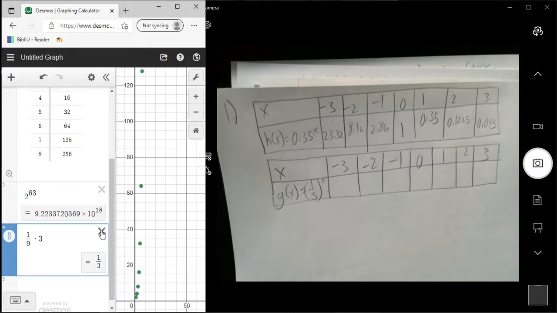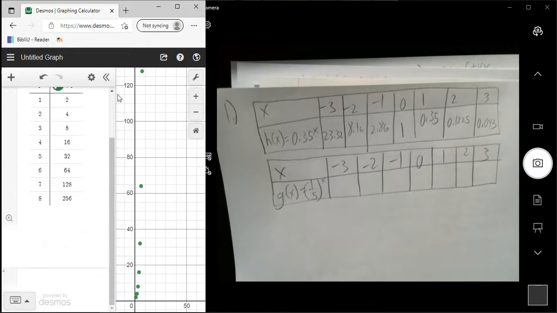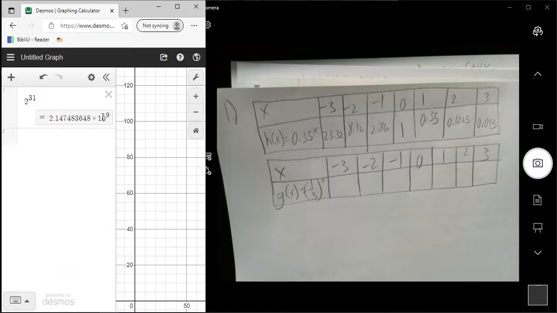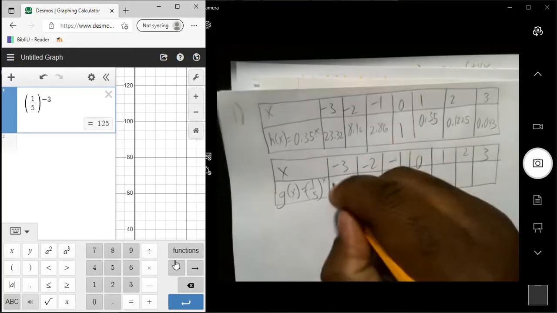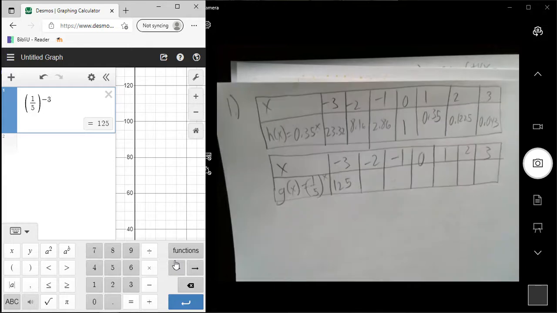So what we would do, all right. We have a couple ways we could write this. We could just do a parenthesis, then 1 divided by 5, close the parenthesis, and then take this to the -3 power. Okay, so that would give us 125.